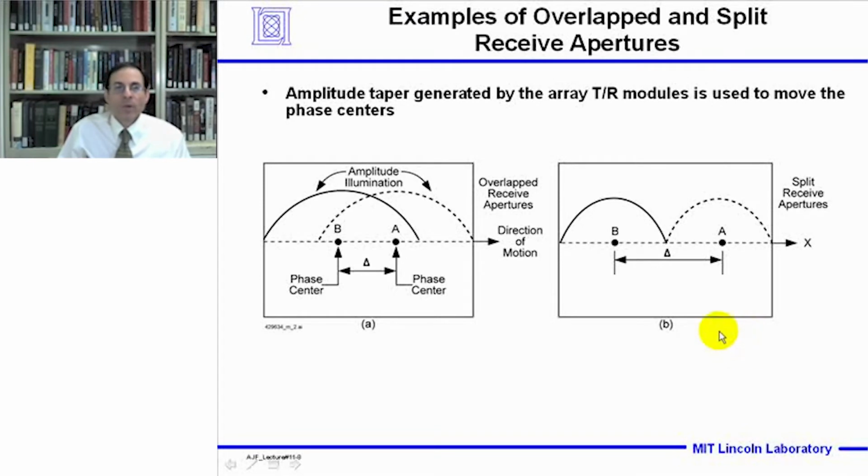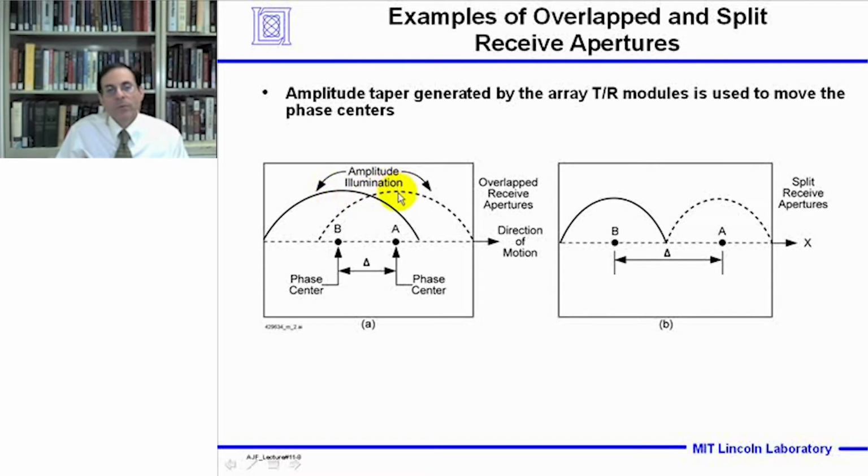Here's an example of overlapped and split receive apertures. So the amplitude taper is generated by the array TR modules, and that's used to move the phase centers with respect to one another. So here we show a cosine type amplitude illumination for phase centers A and B, and they're separated by the distance delta, or the phase center separation.